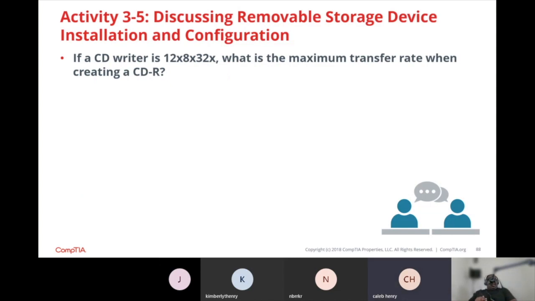If a CD writer is 128x, 8x, and 32x, what is the maximum transfer rate when creating a CDR? Now, the speed chart is actually in the book if you looked at it, okay?